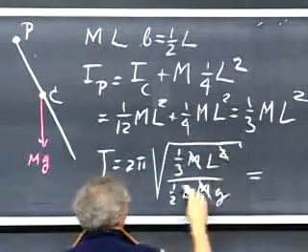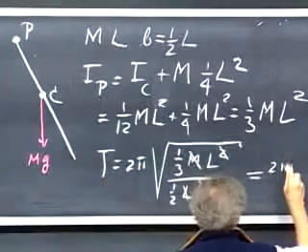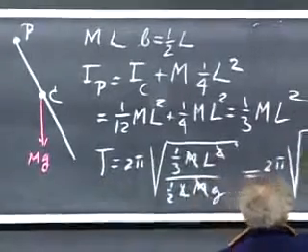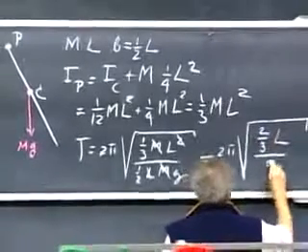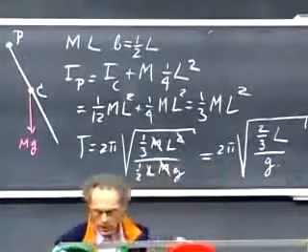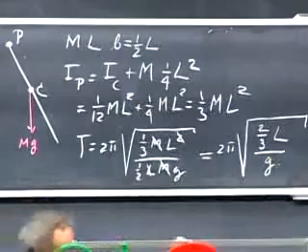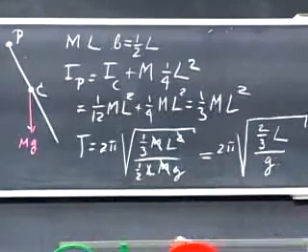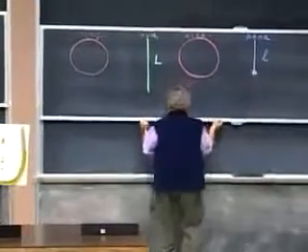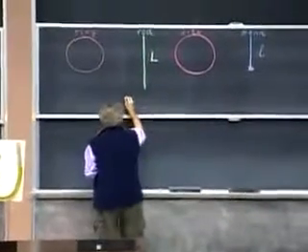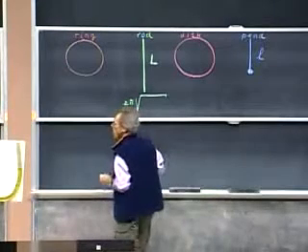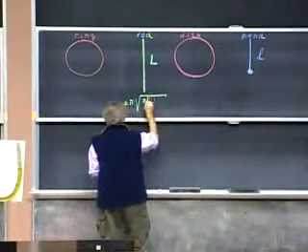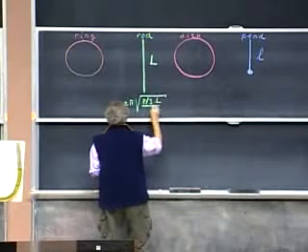You also lose one L here, and so you get 2 pi times the square root of 2/3 L divided by g. So that is the period that we predict for the rod. So let's write that under here, because we're going to compare them shortly. So this is 2 pi times the square root of 2/3 L divided by g.